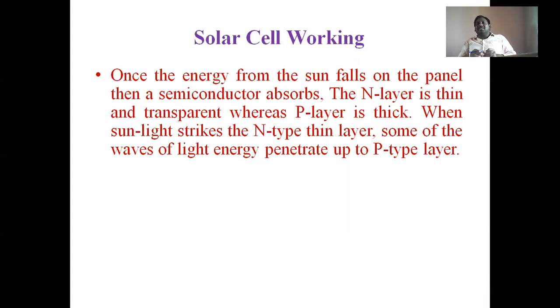Due to heat, excitation takes place for the electrons in the N layer, and at the same time for the holes in the P layer. Due to this excitation, the electrons and holes are able to break the junction between the N layer and P layer.